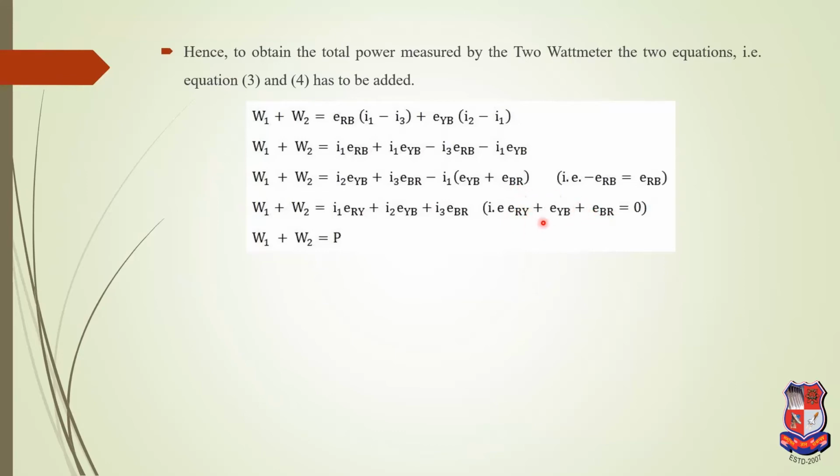This is used in this equation, and after this we get the final equation for R, Y and B. The addition of these gives the total power. So for delta connection, capital P, the total power absorbed in the three-phase load, is given as W1 plus W2, similar to star connection.